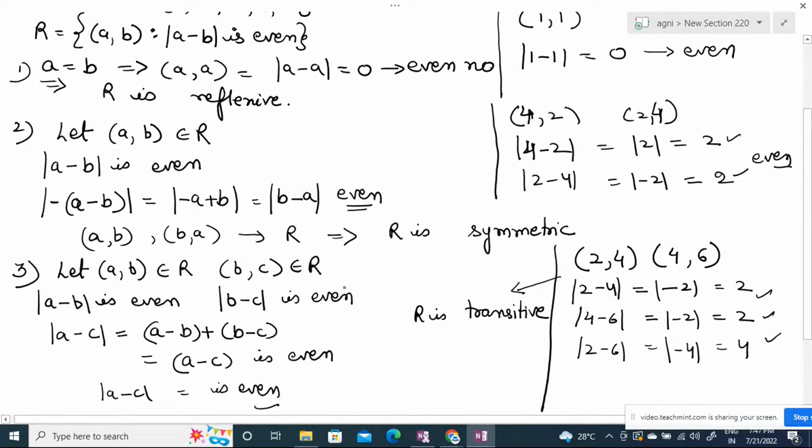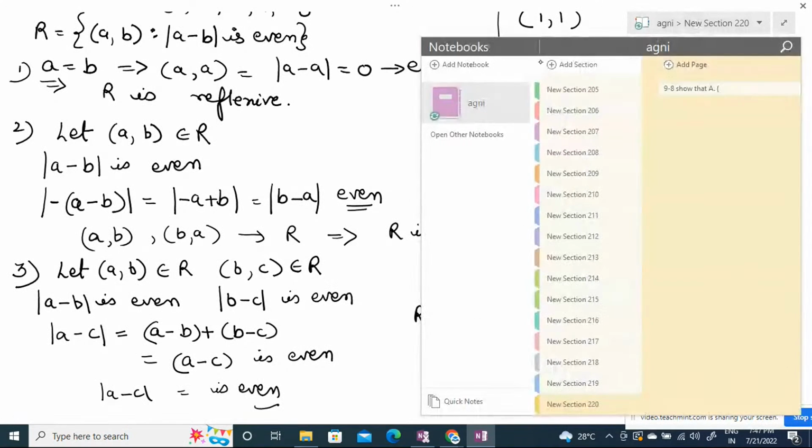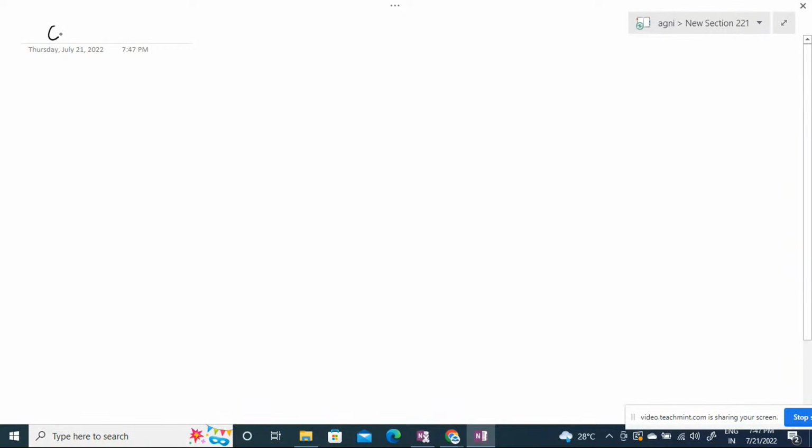Question number 9. Now a set and relations are given like this. Set A is given as x belongs to integers, 0 less than or equal to x less than or equal to 12.